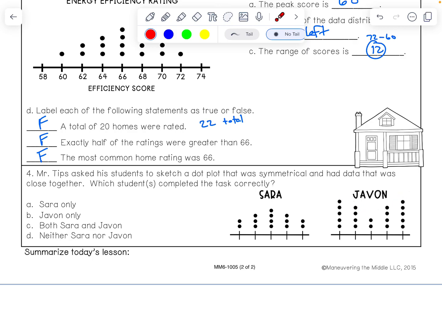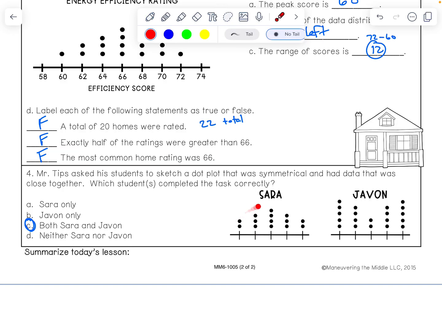Now, the data, is it all close together? Well, yeah, the data is close together. You don't have like data all like one over here, one over there, and then a couple scattered everywhere. They both did their data close together. So both Sarah and Javon had data that's both symmetrical and close together.